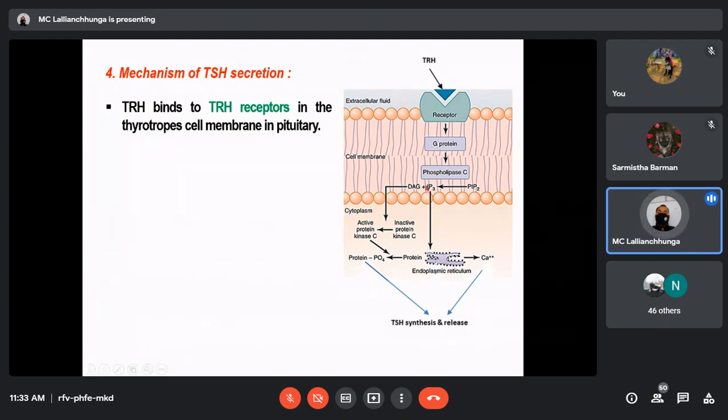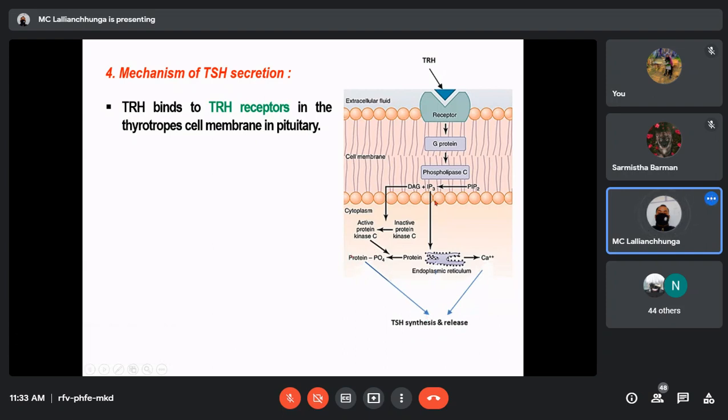This DAG and IP3 then enter the inside of the cell. What is the function of this DAG? It will activate inactive protein kinase C into activated protein kinase C. When this enzyme system is activated, it will cause phosphorylation of many enzymes again, and there will be increased activity of the enzymes for the synthesis of TSH.